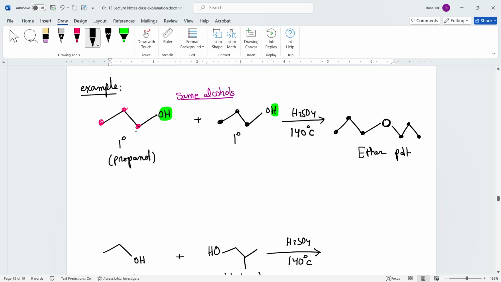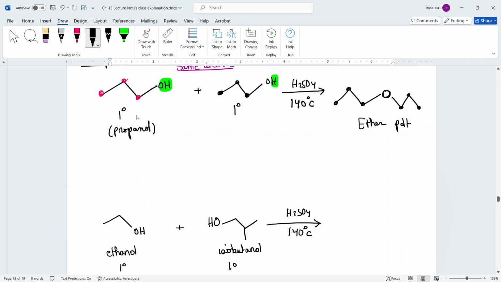You notice here that I am using 2 molecules of the same alcohol. So instead of writing it like this, there is another way to write it, which is to say I'm using excess of the alcohol, meaning that I'm using 2 molecules of that alcohol, and then those same reagents, which is H2SO4 at 140 degrees.